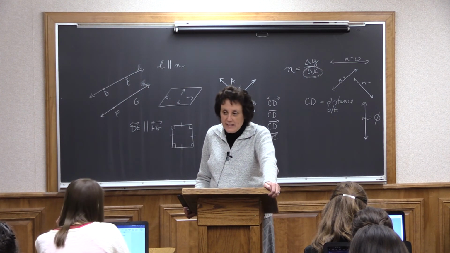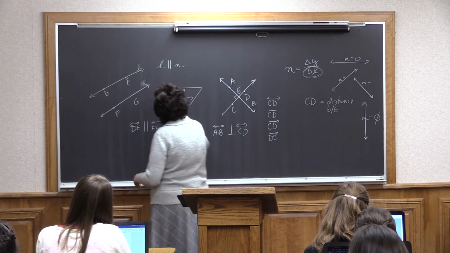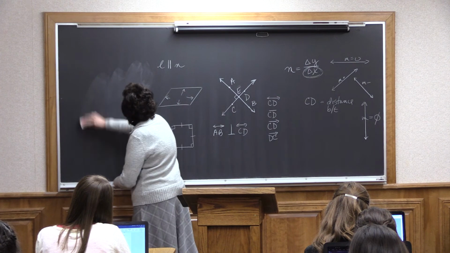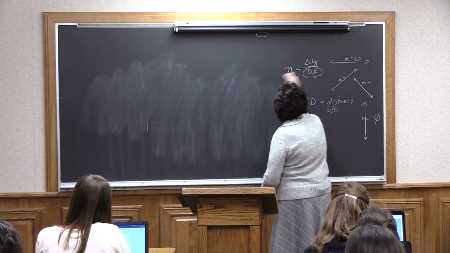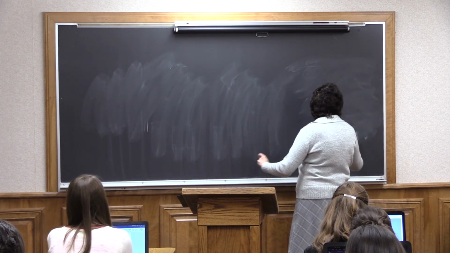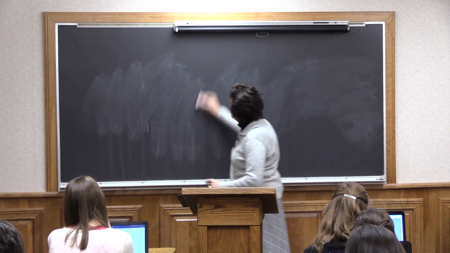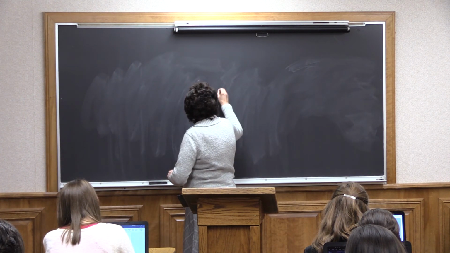Angles are denoted with drawing the angle. I have to get rid of some of our lines here. Angles: two rays that share a common endpoint called the vertex.